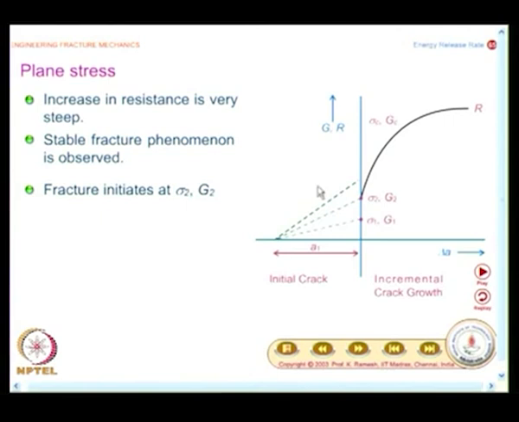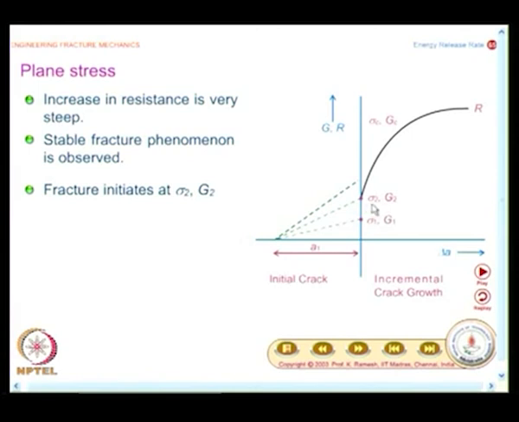Once the crack has initiated, it will keep propagating. More or less in the case of plane strain case also, the R curve is shallow, there again crack propagation is much simpler. The moment you come to plane stress case, the R curve is a lot steeper.